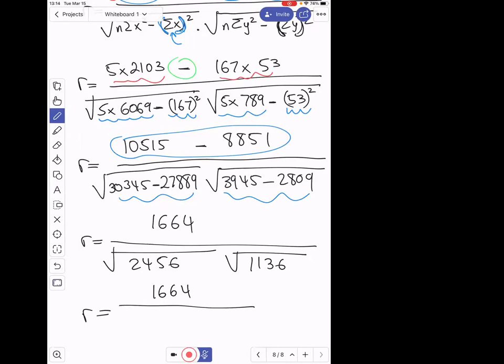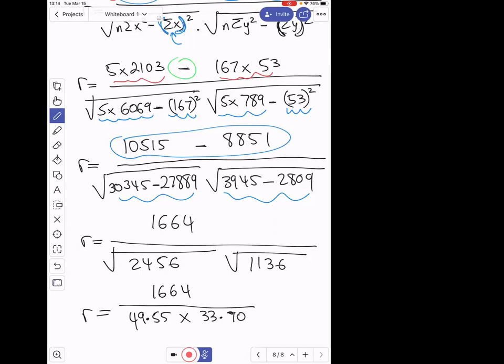You need to take the square root of 2,456. So the answer would be 49.55 times, and then you need to take the square root of 1,136, right? Just make sure, guys, you know how to get the square root with your calculator, okay? You can try this at home. Try to compute the square root of 2,456. So it should be 49.55. Square root of 1,136, that's actually 33.7.